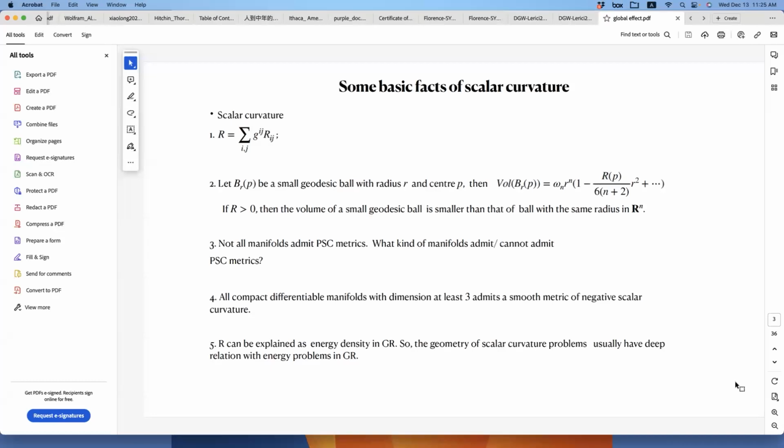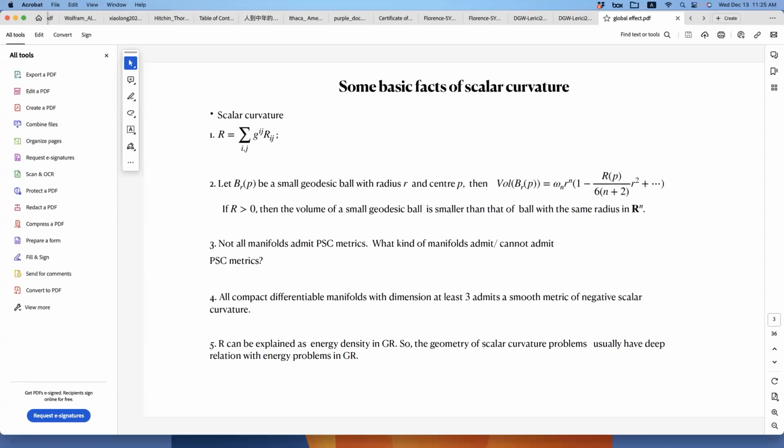A nice way to understand scalar curvature is to look at the volume of a small geodesic ball, denoted by B_r(p). Now, this is the formula. That is, the volume of B_r(p) is equal to omega_n r^n times some factors, where R(p) refers to the scalar curvature at p. By this formula, we know that the larger the scalar curvature is, the smaller the volume will be.